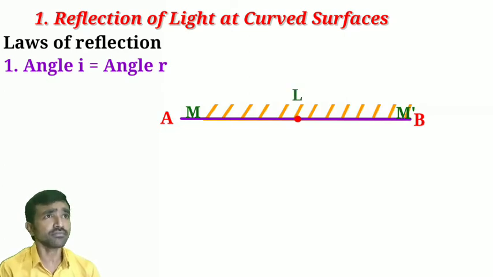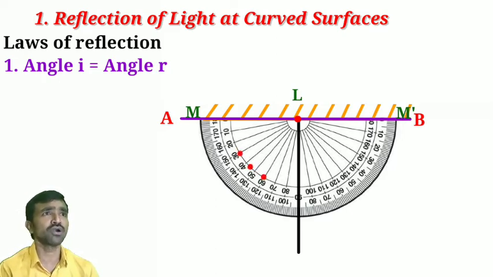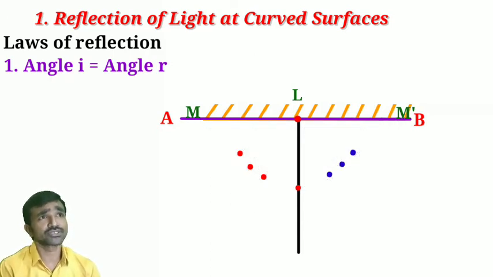Then place the protractor as shown on this screen. Then identify the angles, from 0 to 90 degrees: 30 degrees, 45 degrees, as well as 60 degrees. You already have the 90 degrees line here, and on the right side also identify those points.